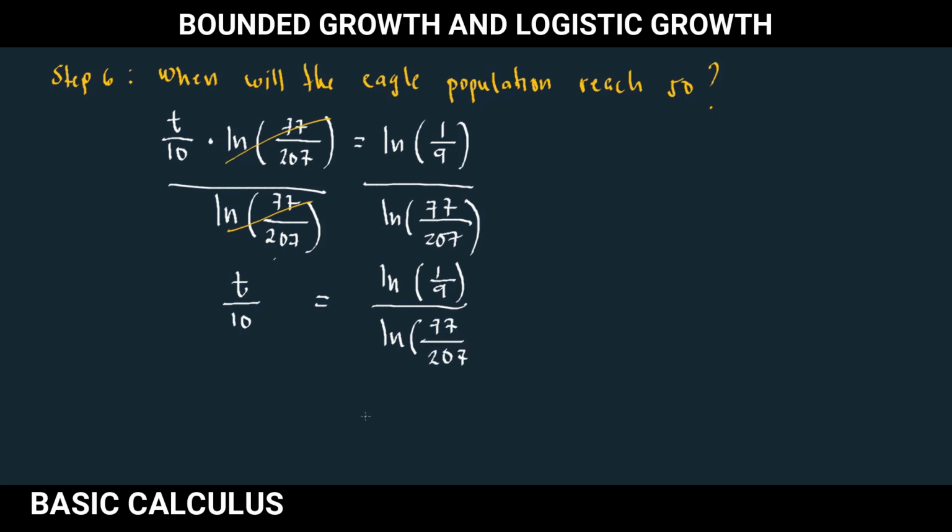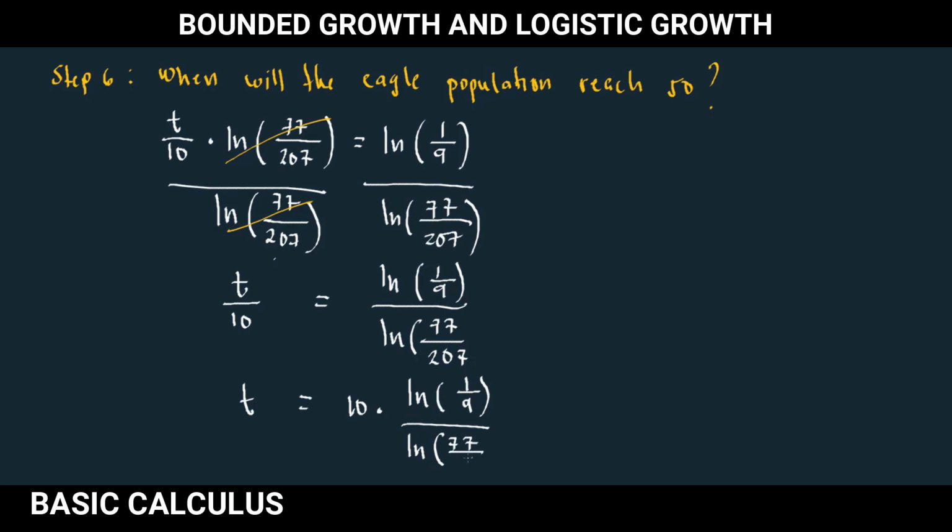To solve for t, multiply both sides by 10, so we have t equal to 10 times ln of 1 over 9 over ln of 77 over 207.